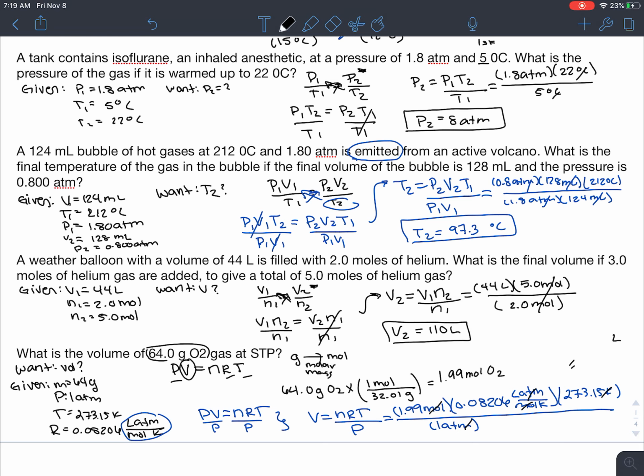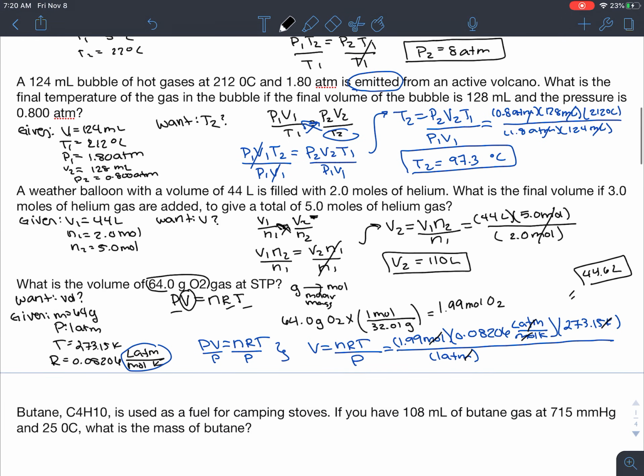Moles cancel out, atmospheres cancel, Kelvin cancel. You're left with liters. I'll write the answer up here. You can just multiply 1.99 times 0.08206 times 273.15, divide that by 1, which gives you 44.6. You want 3 sig figs, so 44.6 liters is your answer.